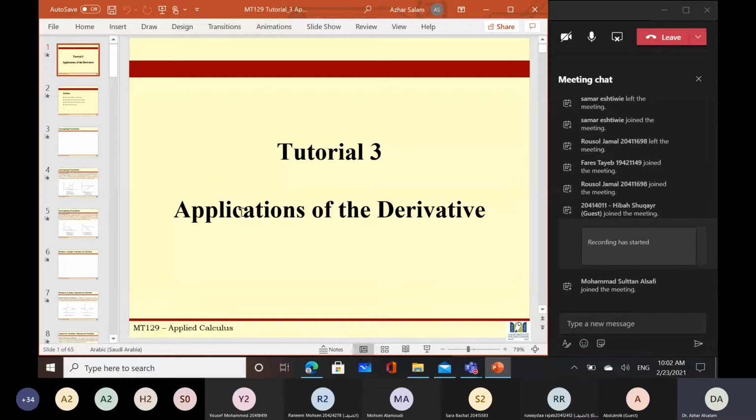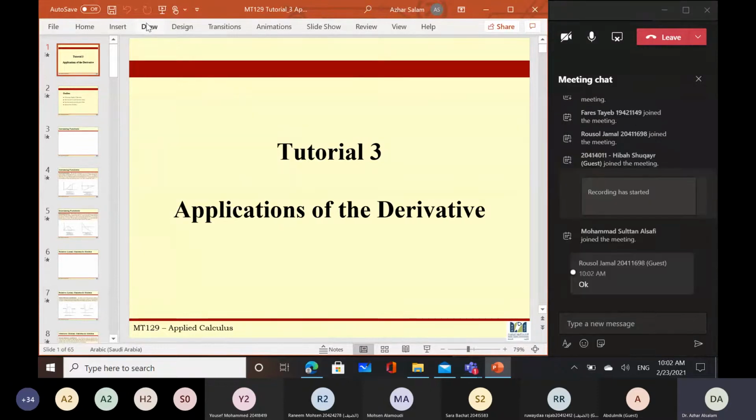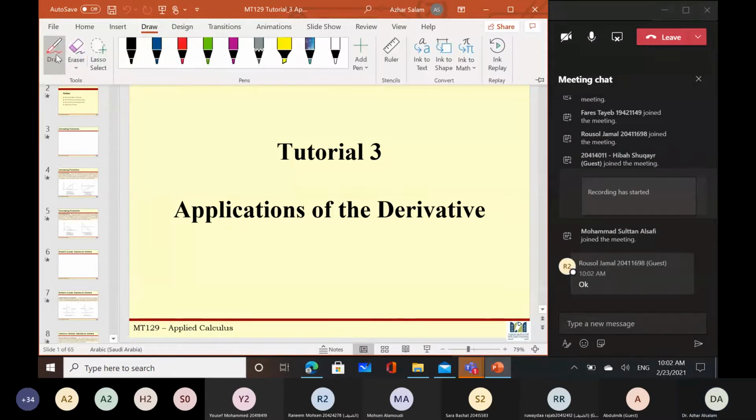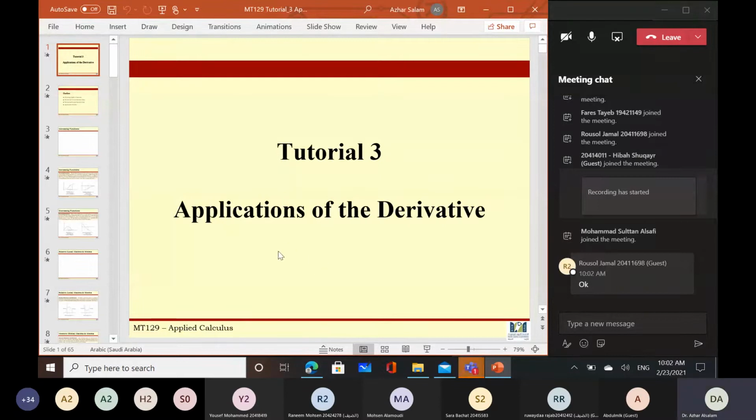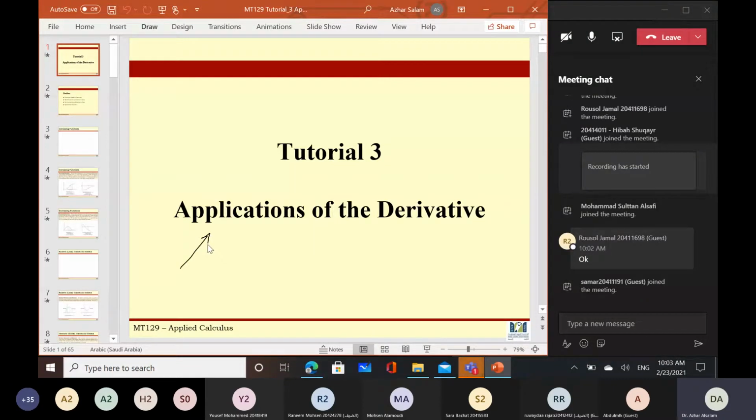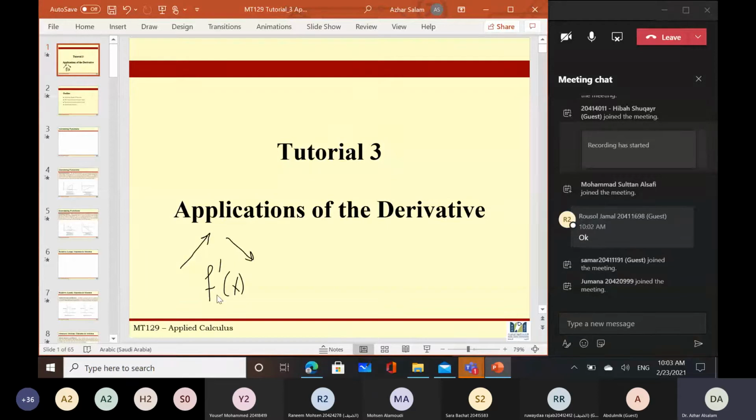Okay, we will continue what we began in the previous lecture, which was the application of the derivative. What was the application that we dealt with? It was the test of the function when it was increasing or decreasing function, and of course this was using the first derivative for the function f.